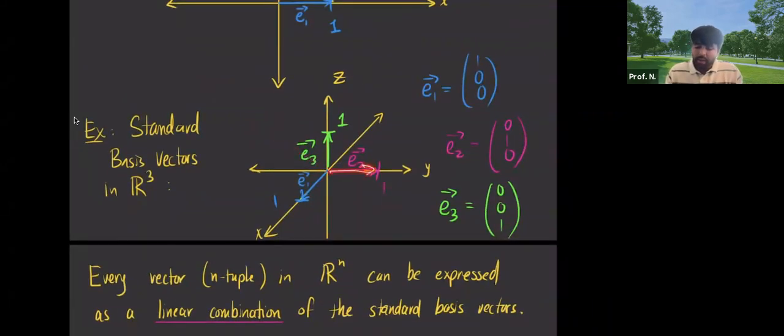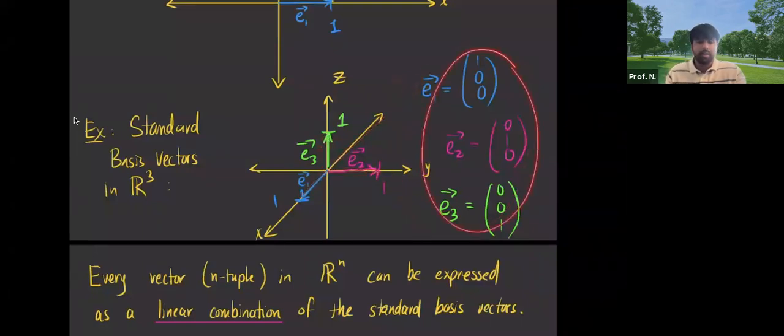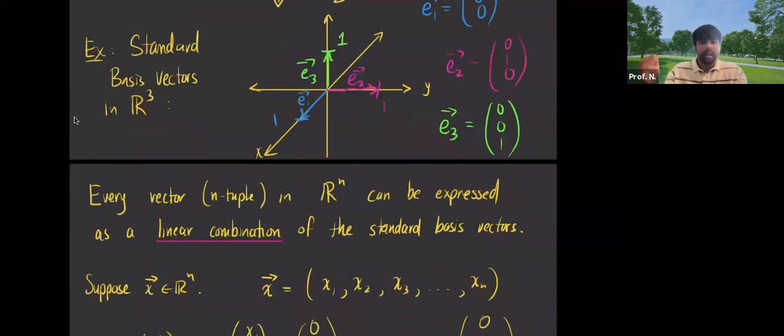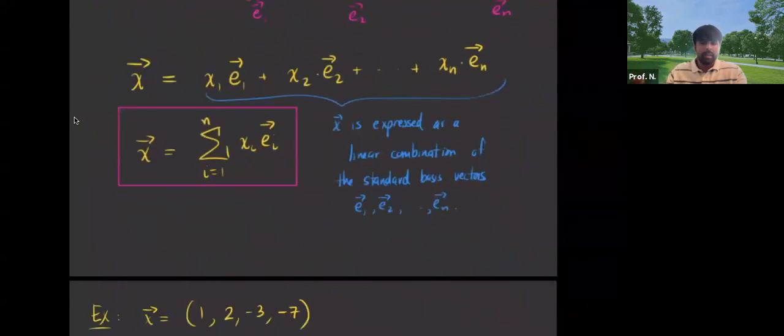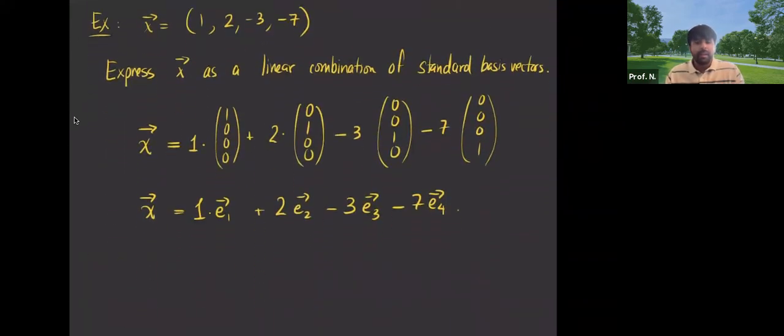The building blocks of it are these small vectors that all have length 1: 1, 0, 0, 0, 1, 0, and 0, 0, 1. I can rewrite that vector as a linear combination of these vectors. And this goes on and on. So this is important: I can rewrite any vector as a linear combination of these very elementary, basic, standard basis vectors. Okay, is that clear? Yeah, it's clear.